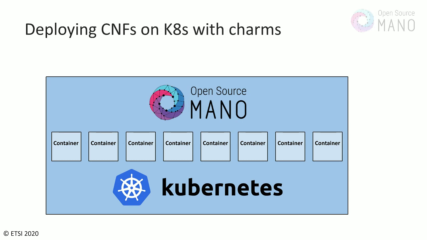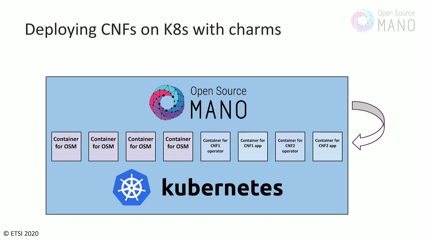So the OSM services are run inside of some of those containers provided by Kubernetes. And then OSM can use exactly the same Kubernetes to deploy container network functions. So at the end, some of those containers will be used by the OSM services, while the others will be used to serve the operator and application pods for the container network functions being deployed.